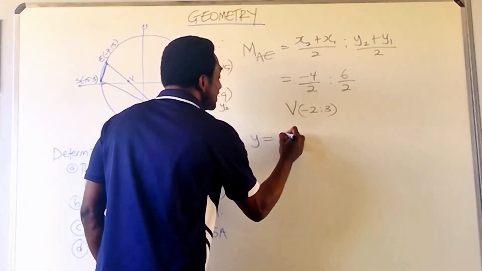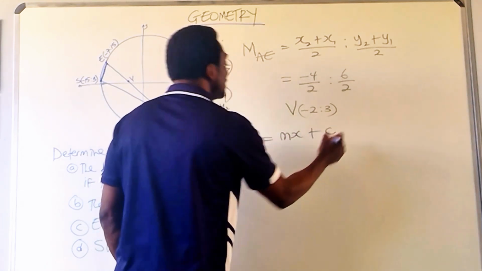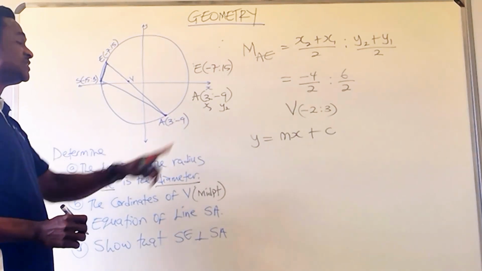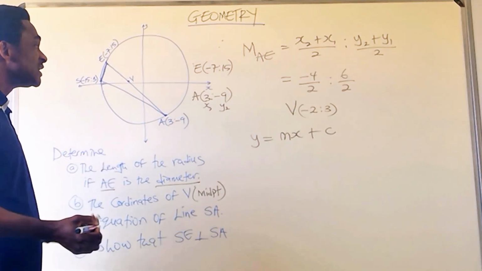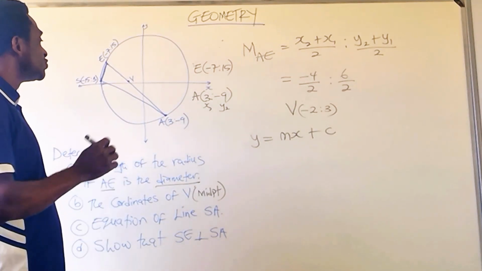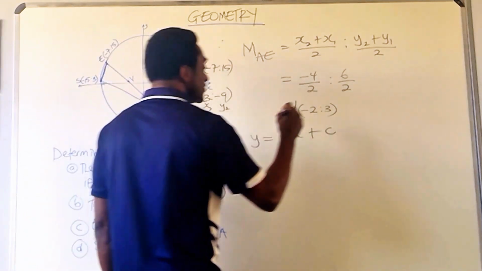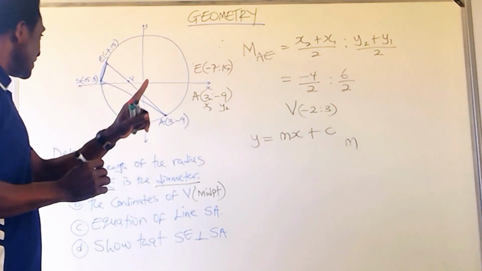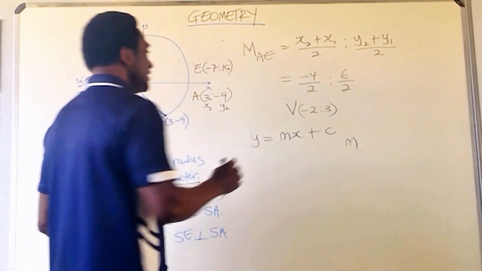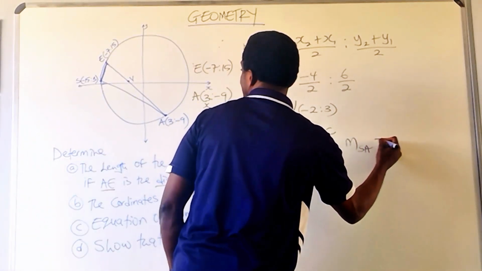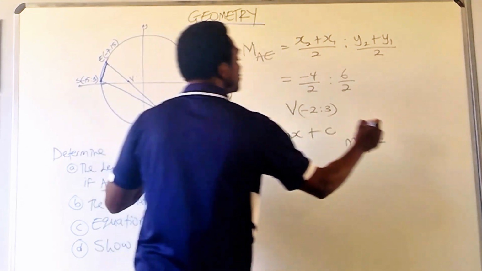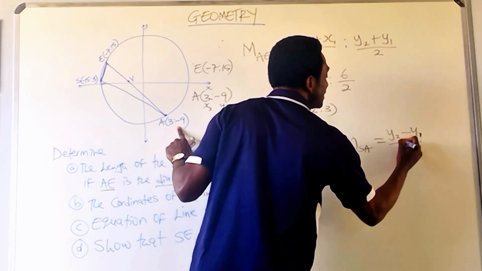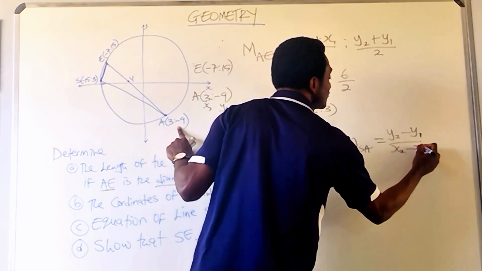The equation of a straight line graph can only be gotten with this formula, where M represents gradient and C represents the y-intercept. In this case, we don't have the y-intercept, but we can actually get the gradient. The gradient of SA is y2, remember, changing y over changing x.